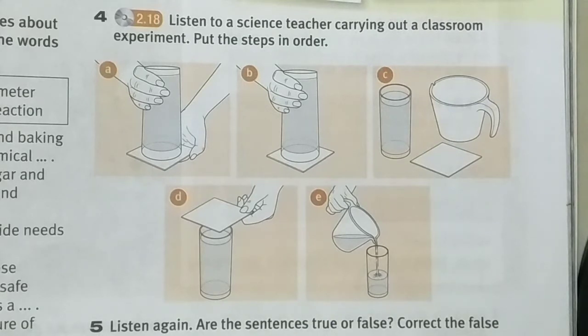Mr. Marston: Okay, so can anyone explain why that happened? Why didn't the water go all over my feet? I'll give you a clue. It's to do with air pressure. Yes, Emily? Emily: Well, because there was no air inside the glass.